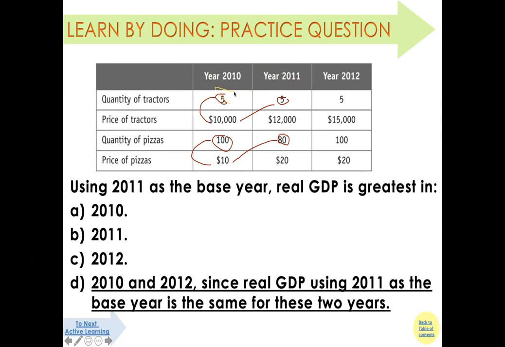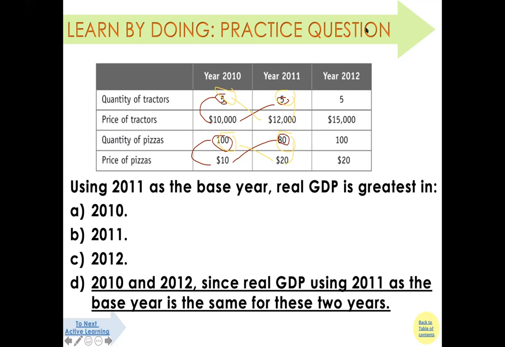You can use 5 times this number and 100 times this number. You can use 5 times this number and 80 times this number. Now the problem is that you are going to get different growth in terms of GDP, depending on which year you use as the base year. If we are in that situation, how are we going to report the growth number?